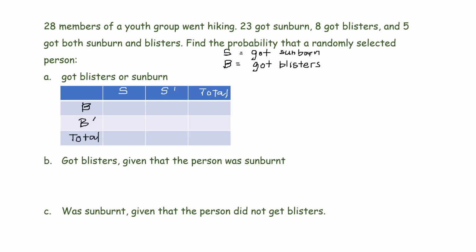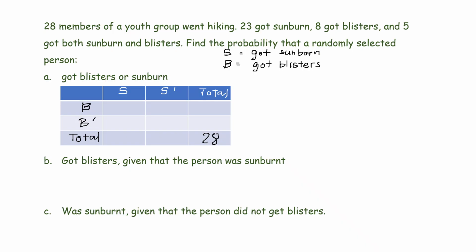And let's use those clues, those numbers to fill in this table here. So the 28 members of the youth group, meaning we have a total of 28 here. 23 got sunburn, so the total of those who got sunburn, let's write it here.